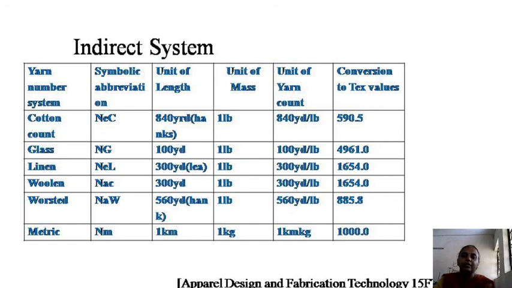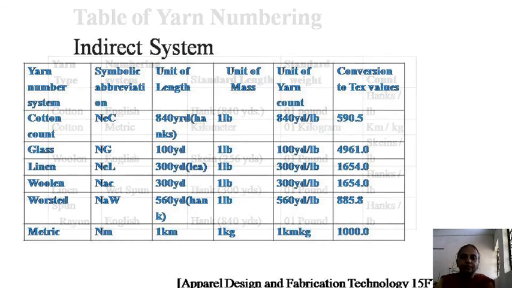Unit of yarn count is 560 yards divided by pound, that is 885.5. For the metric Nm, unit of length is 1 kilometer, unit of mass 1 kg, that is 1 kilometer per kg, that is 1000. You have to remember these conversions to tex for the indirect system.